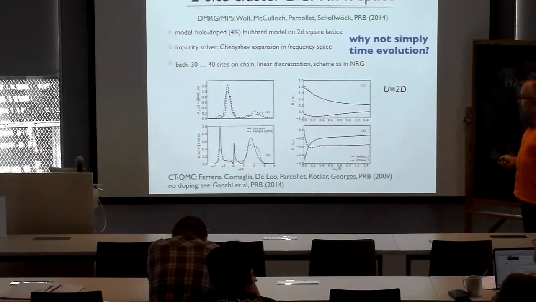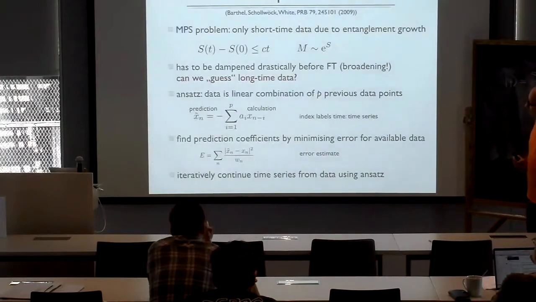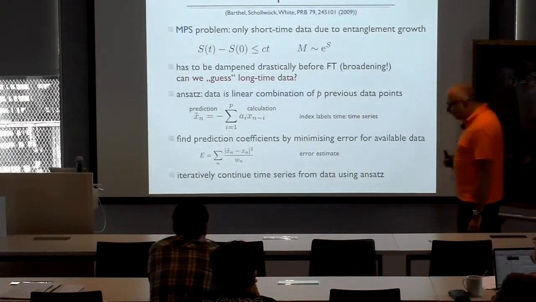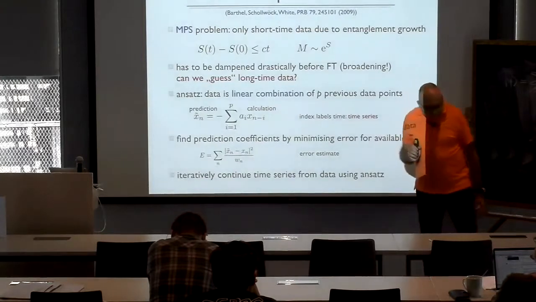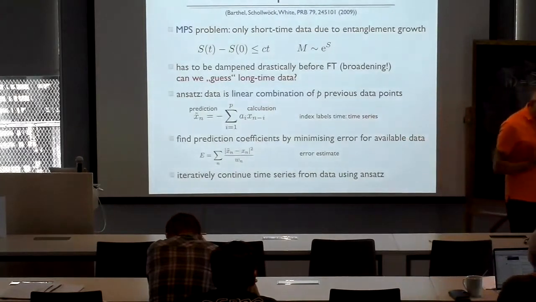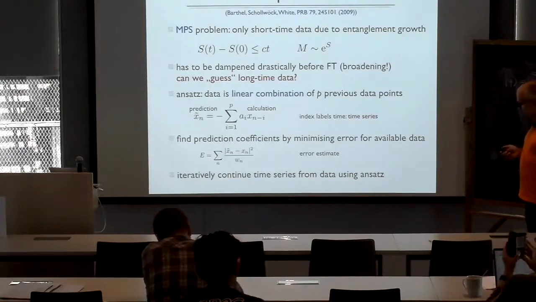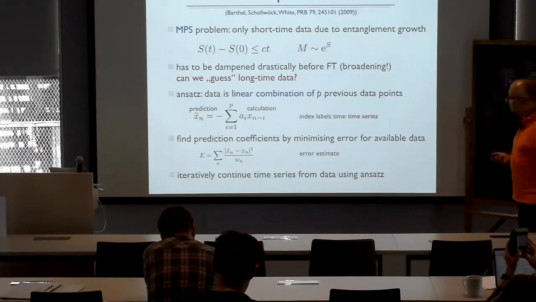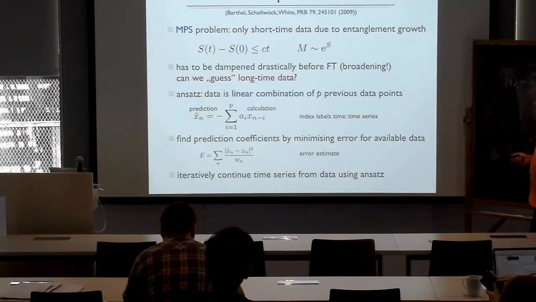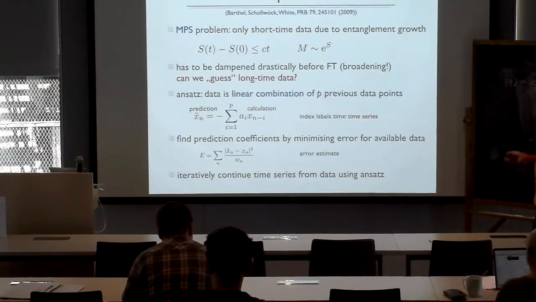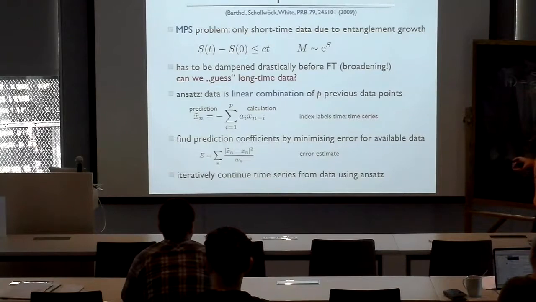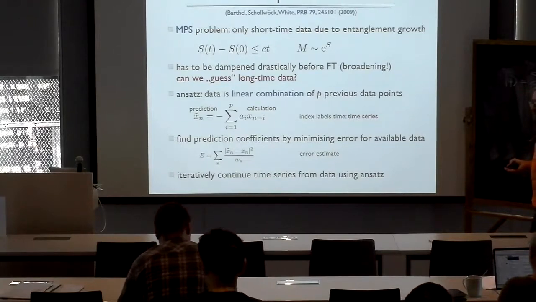But we knew how to do better, so we revisited this problem, and this is now the method that, I think, all the groups currently doing MPS plus DMFT use at one point or another, the so-called linear prediction method. I want to explain this because a couple of weeks ago in this Quantum Café, we had a wonderful talk by, was it Martin Ganahl?